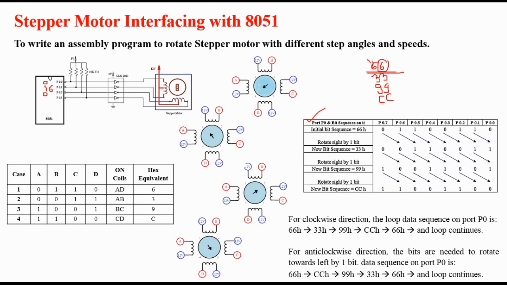And next 6, this particular 6, will appear at port 0.4, 0.5, 0.6 and 0.7. Here those pins are not connected anywhere. So actually this part, this MSB or most significant nibble part, will not be considered. In this way we are going to consider only the lower nibble part. Lower nibble means lower 4-bit parts only.